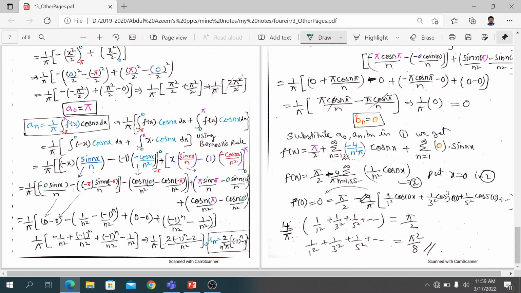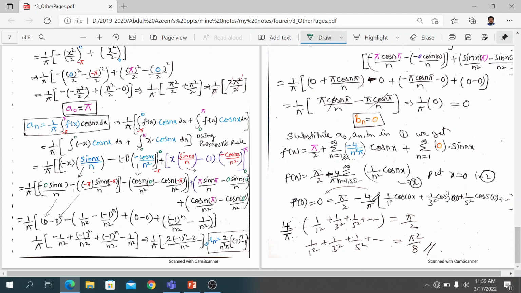Okay, now first expand this. F of x equals pi by 2 minus 4 by pi, so 1 by 1 square cos 1x, plus 1 by 3 square cos 3x, plus 1 by 5 square cos 5x, like that, and put x equal to 0. Here f of 0 is equal to 0, pi by 2 minus 4 by pi, here x is 0, here x is 0, here x is 0.